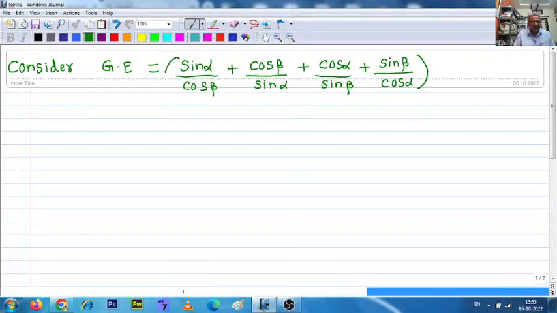First let us simplify this value. After that, we need to find the integral part of the given expression.